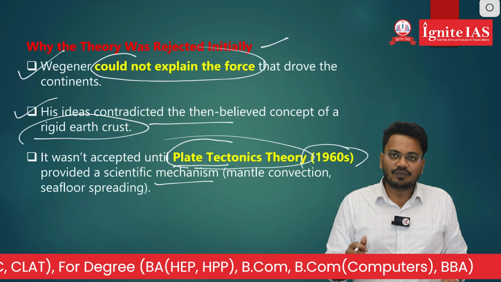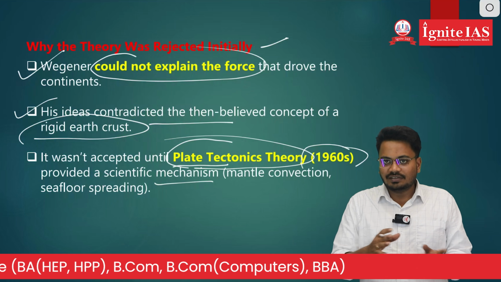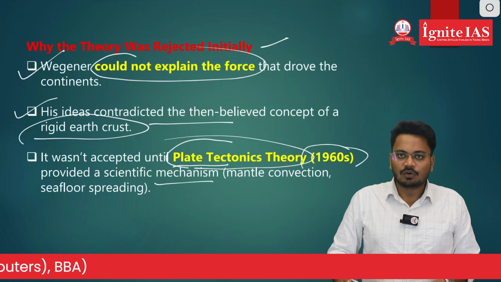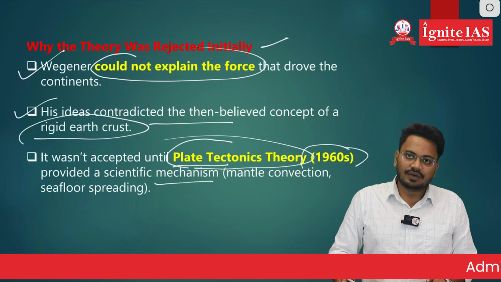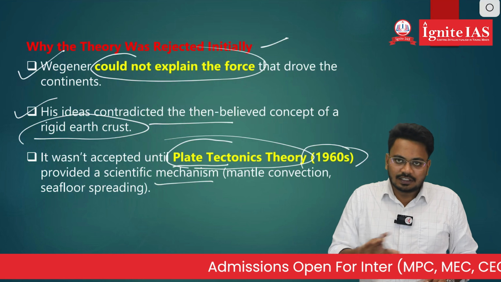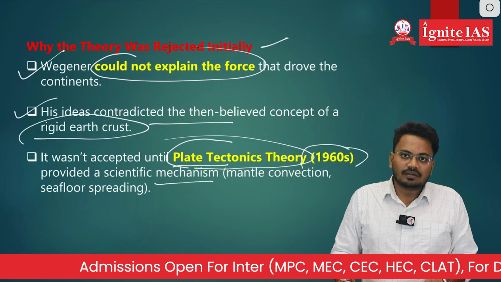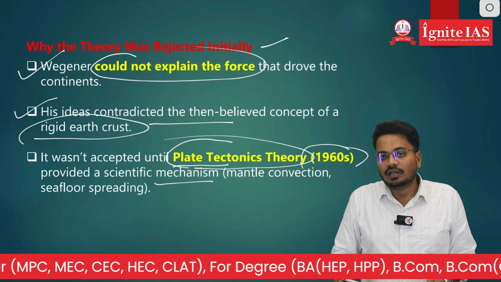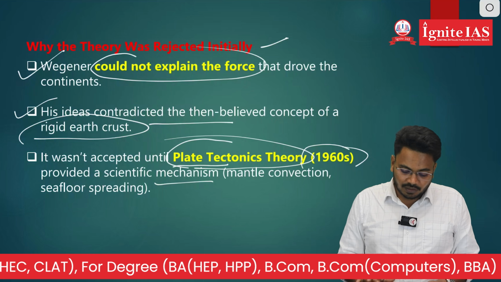But what is the idea said by Alfred Wegener? Alfred Wegener said that continents are moving and we have evidences to prove that, right? So everyone accepted this part of his theory, but no one accepted the reasons given by Alfred Wegener for the movement of the continents.